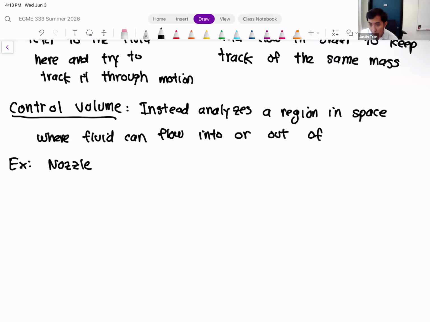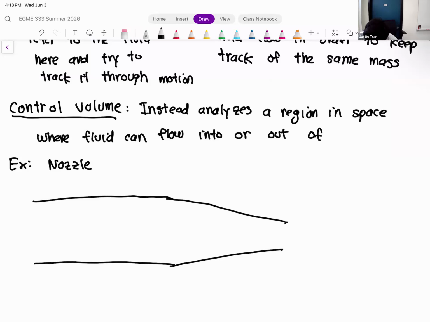Let's consider our nozzle analysis that we've discussed a few times already. Let's say we have a hose here with a nozzle at the end, and we want to analyze the flow in this nozzle.